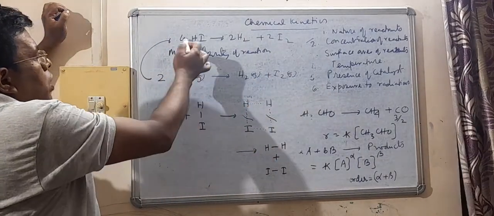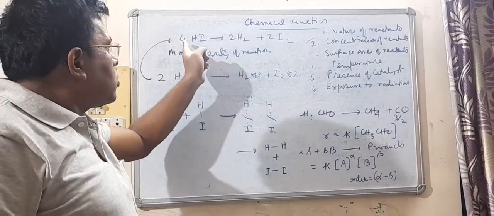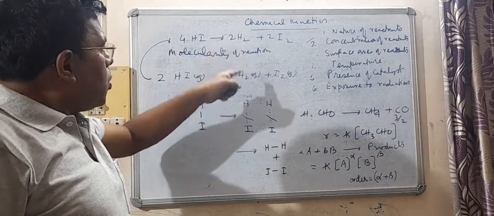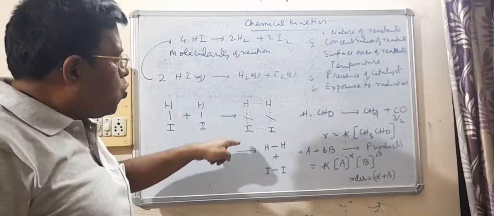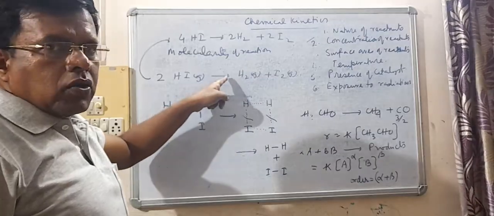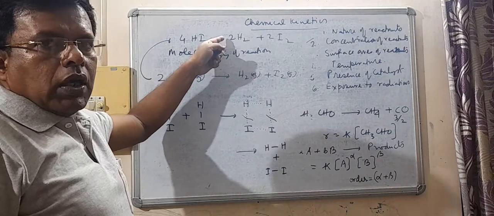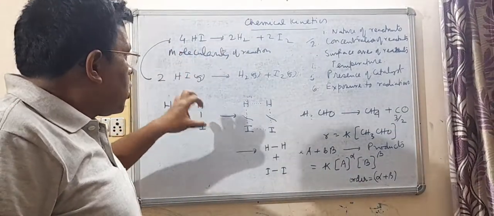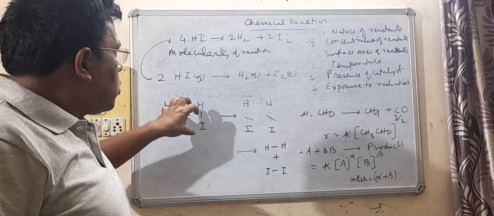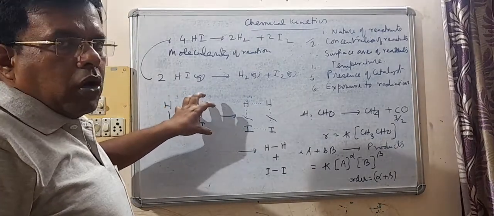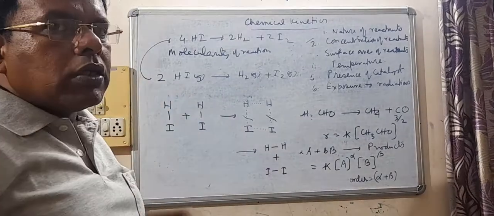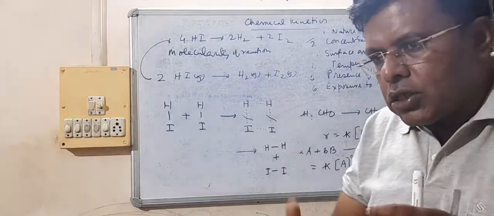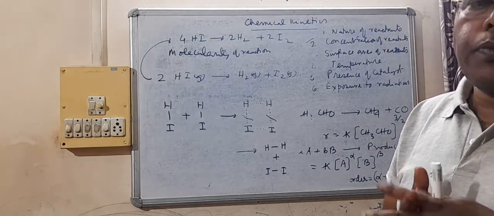Now it doesn't mean that the molecularity of this reaction will be 4. The molecularity of this reaction is 2 only. So molecularity actually doesn't depend on the coefficient. It depends on how many molecules are actually colliding simultaneously that leads to chemical change.